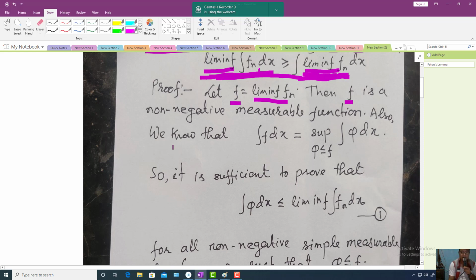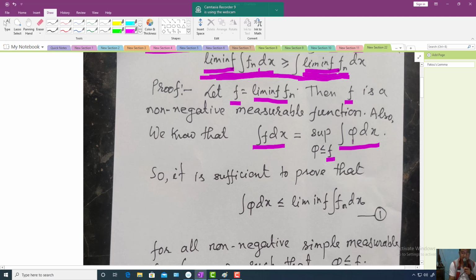Also we know how you define the integration of a function. The integration of a function is defined by this formula: the supremum of all such integrals of phi, where phi is a non-negative simple measurable function which is dominated by the function f. That means phi is less than or equal to f. So you think about all those simple measurable functions which are less than or equal to f.